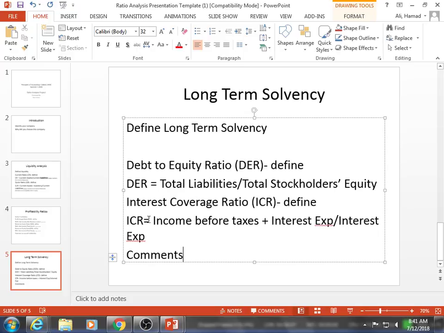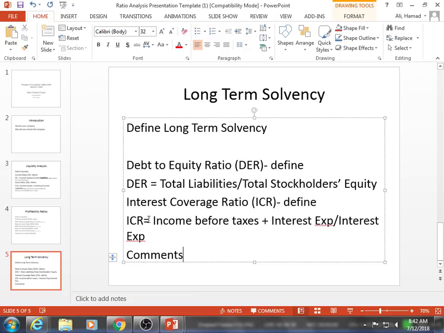What's on the balance sheet? Starting from here. Equity is your total. Then you divide that by the total liabilities first, divided by total equity.